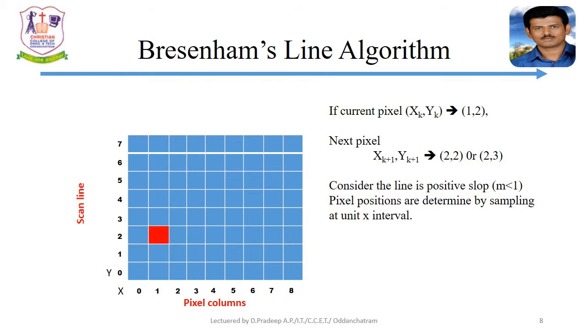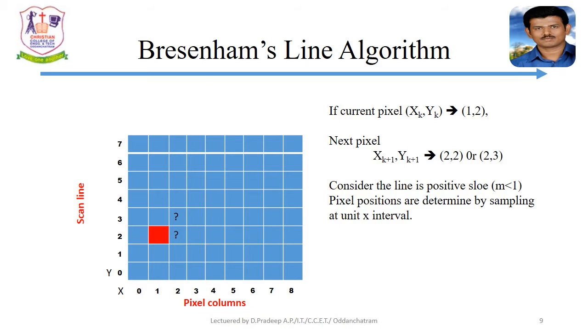For a positive slope, the next position of the x coordinate is going to be increased by 1. So if the current pixel is 1, for the next pixel we can fix it as 2.